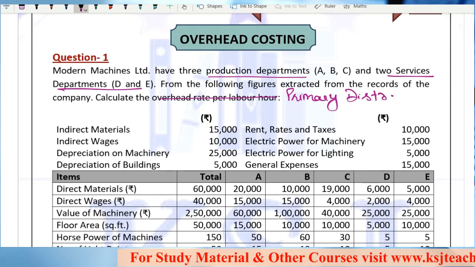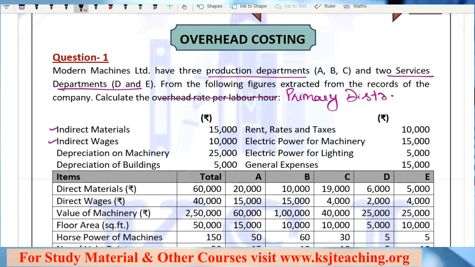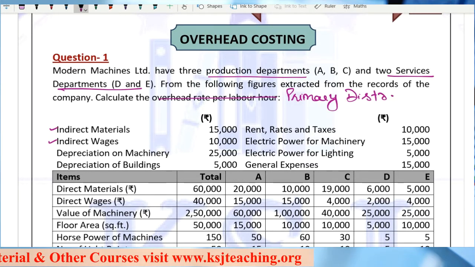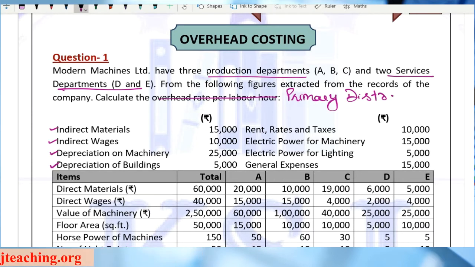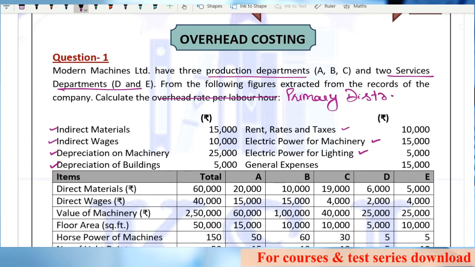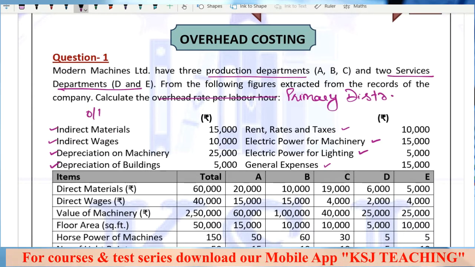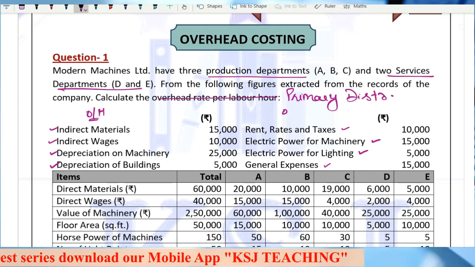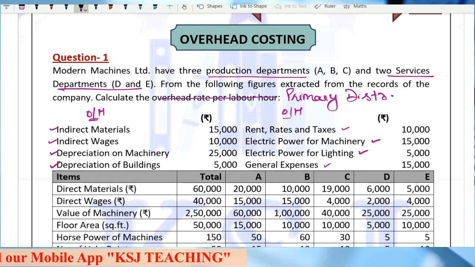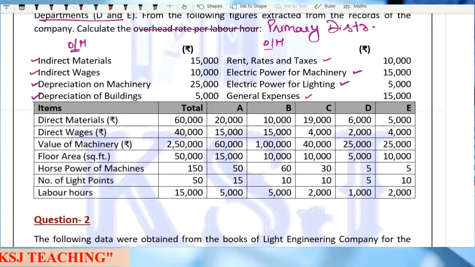Now, these are the various overheads given to you: indirect material, indirect wages, depreciation of machinery, depreciation of building, rent rates and taxes, electric power for machinery, electric power for lighting and general expenses, right? All these are overheads given to you. Further, they give direct material for A, B, C, D, E, these are the departments.